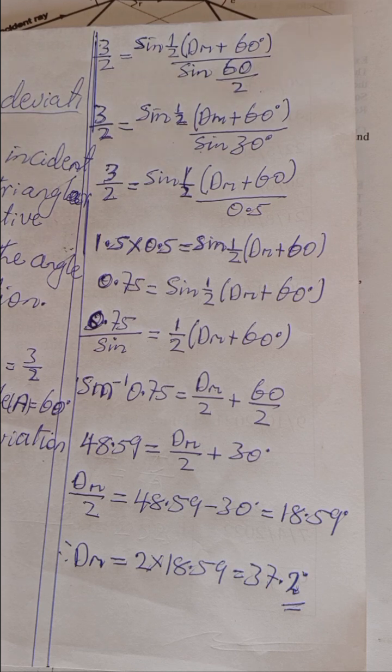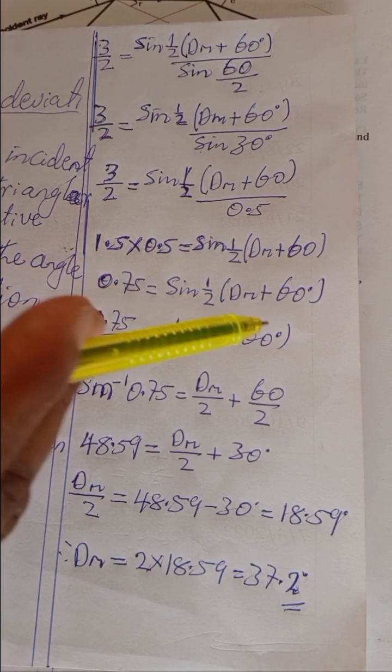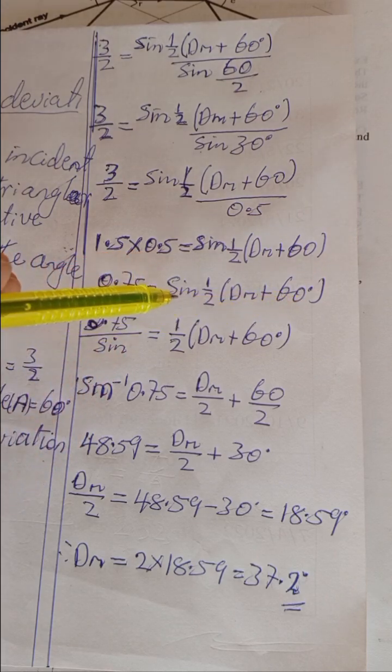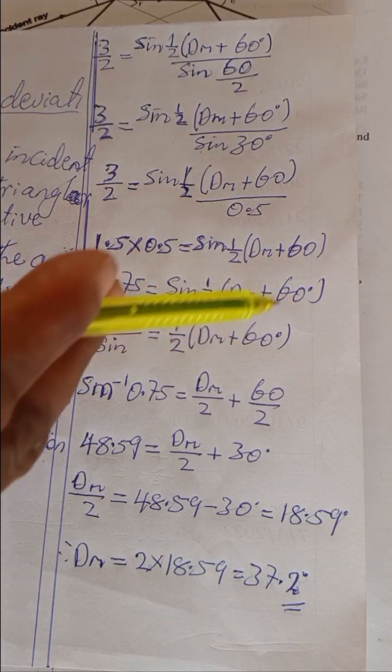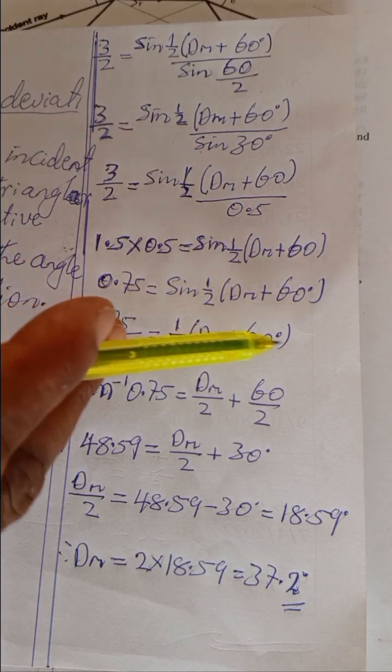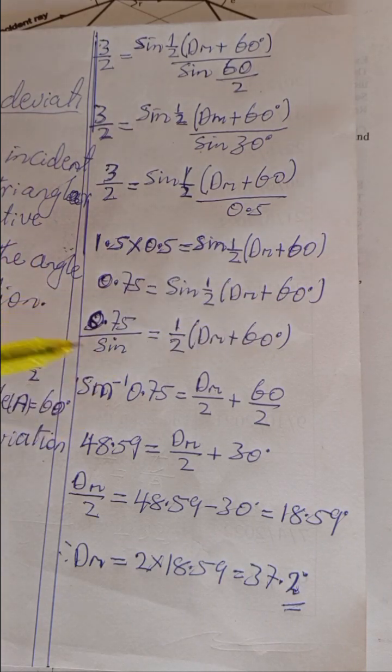Now, since what we are looking for is dm, to remove this sine, we divide both sides by sine. The sine here will cancel this. We have only this one, which is this. And now 0.75 over sine.